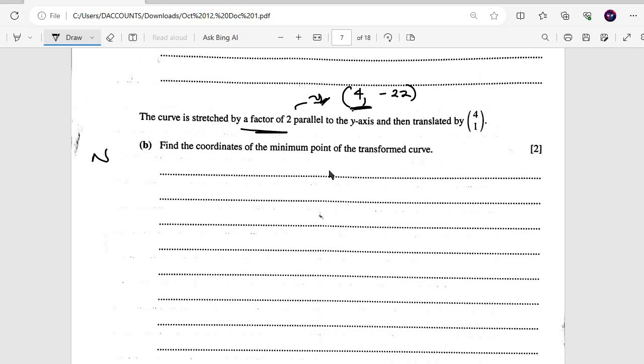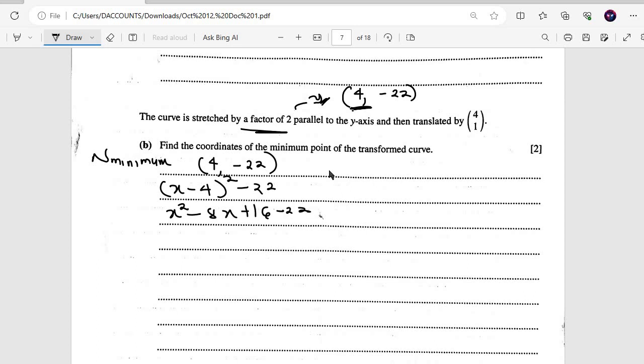So the new minimum point is 4 and minus 22 after stretching, which can be written as (x minus 4) all squared minus 22, if you agree with me. So if you expand it, that will be x squared minus 8x plus 16 minus 22.